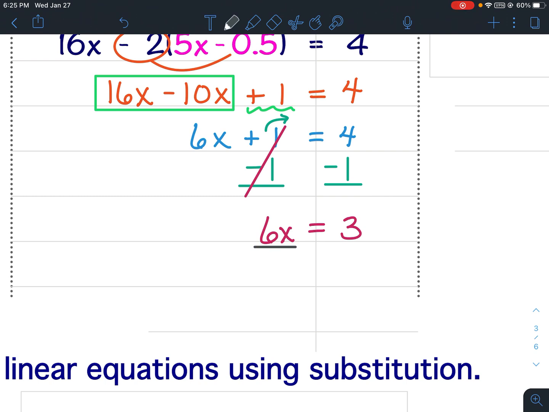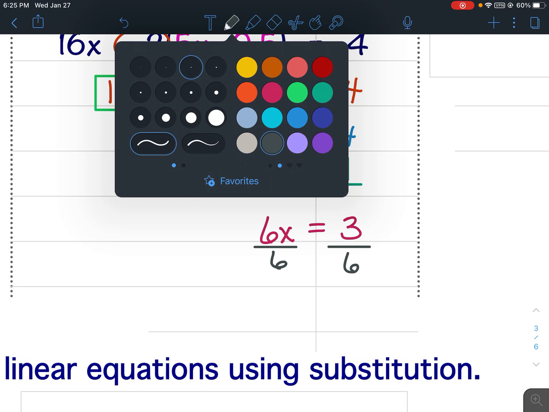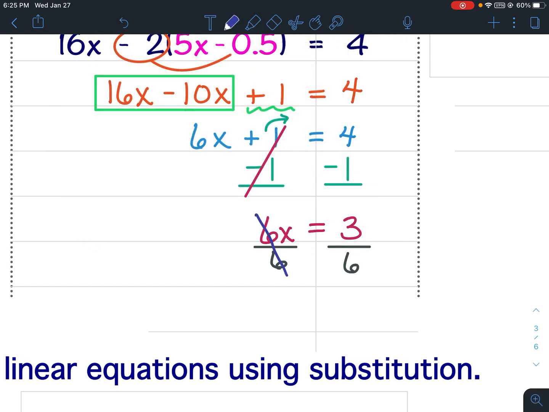Divide both sides by 6. And we get x equals, now 3 over 6. You could write this two ways. You could write it as x equals 1/2 or x equals 0.5.